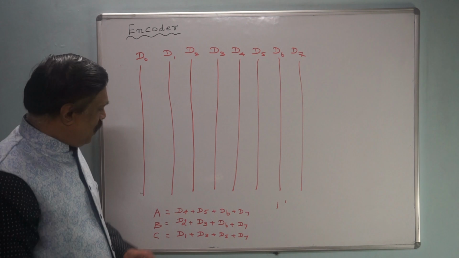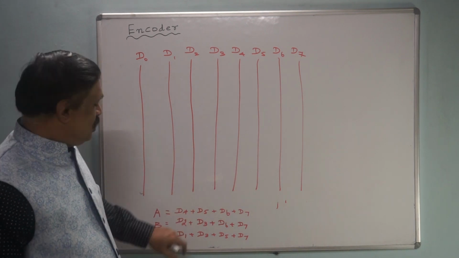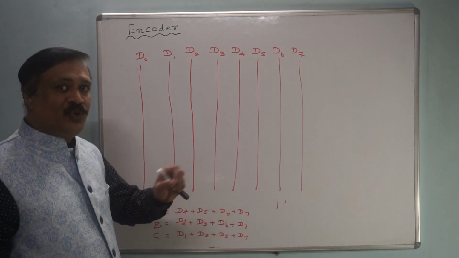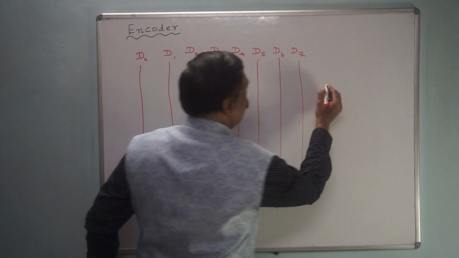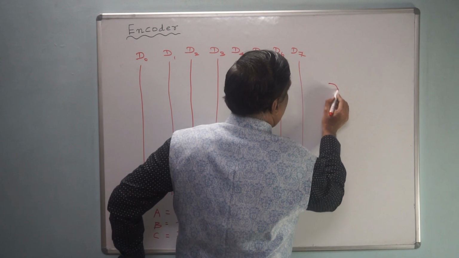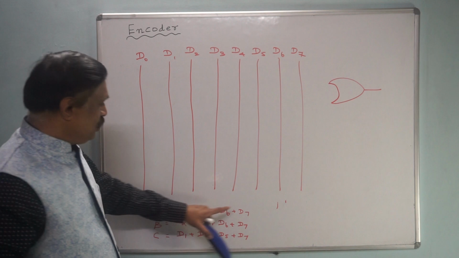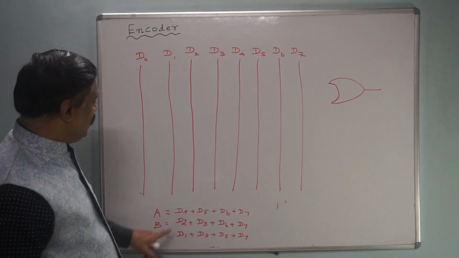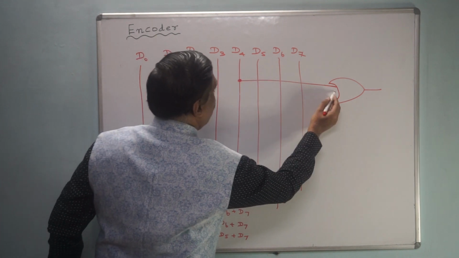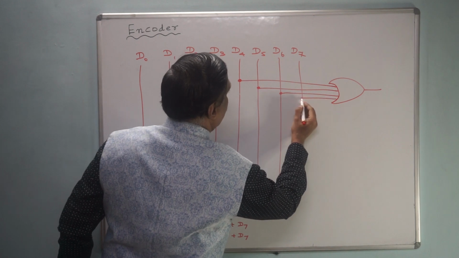Now see, all are independent variables only. There is no requirement for an AND gate. Therefore the terms are simply ORed, so you require an OR gate. You put a bigger OR gate here because 4 inputs are there. Now you have to simply connect D4, D5, D6, D7.